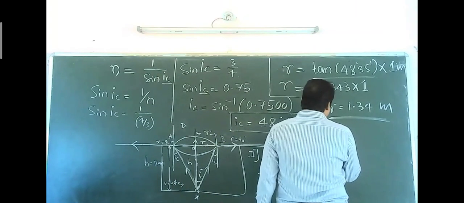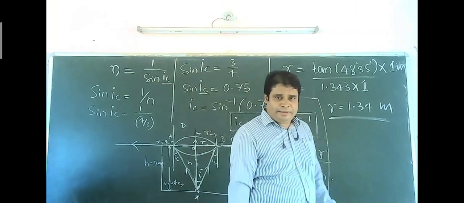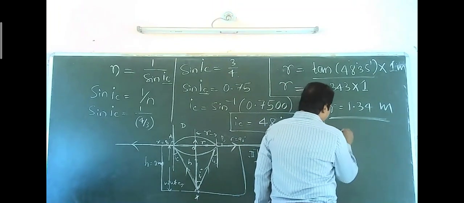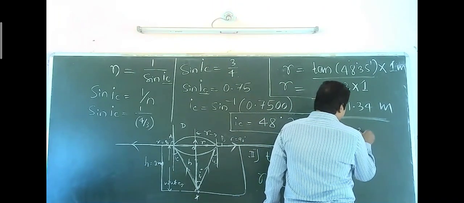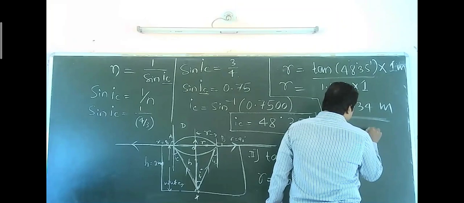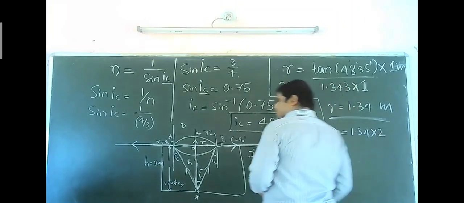This is the radius. What is the diameter? Diameter will be equal to 1.34 into 2.